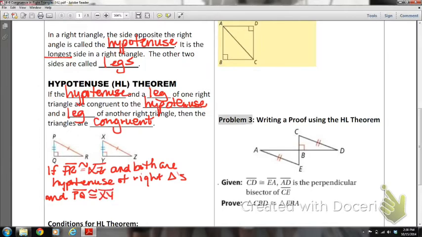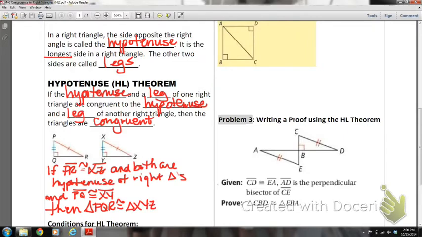So we have a pair of legs that are congruent. Then we can state that triangle PQR is congruent to triangle XYZ.